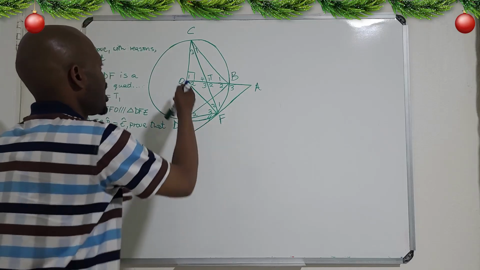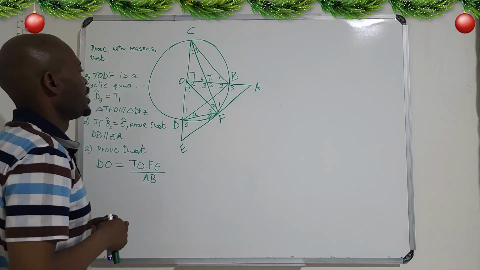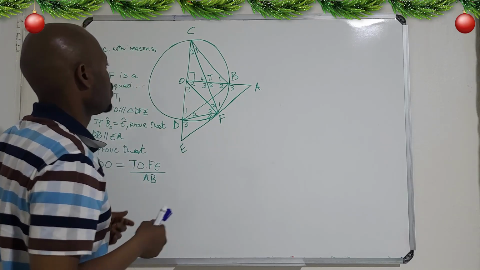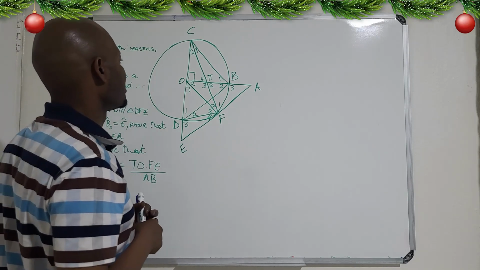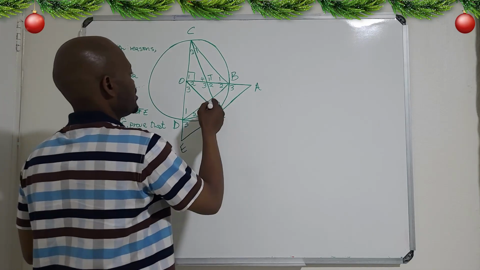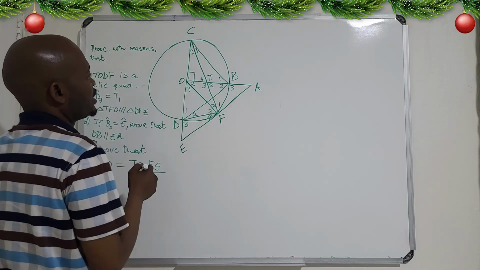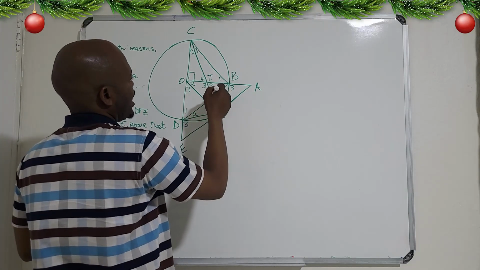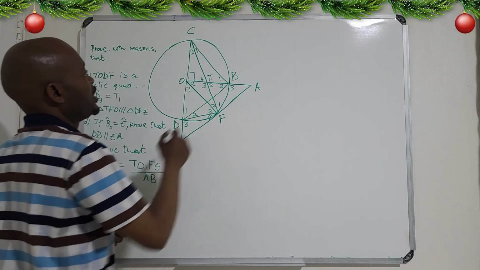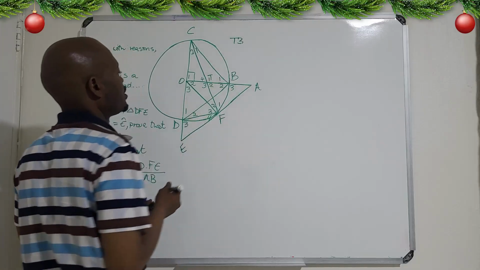No, there's no line from the center to the midpoint of any chord here. Is there angle at the center is 2 times angle at the circumference? No. Is there an angle subtended by a diameter? Yes, you can see this angle is subtended by a diameter, and even this angle here is subtended by a diameter. Therefore, theorem number 3 is there in this problem.